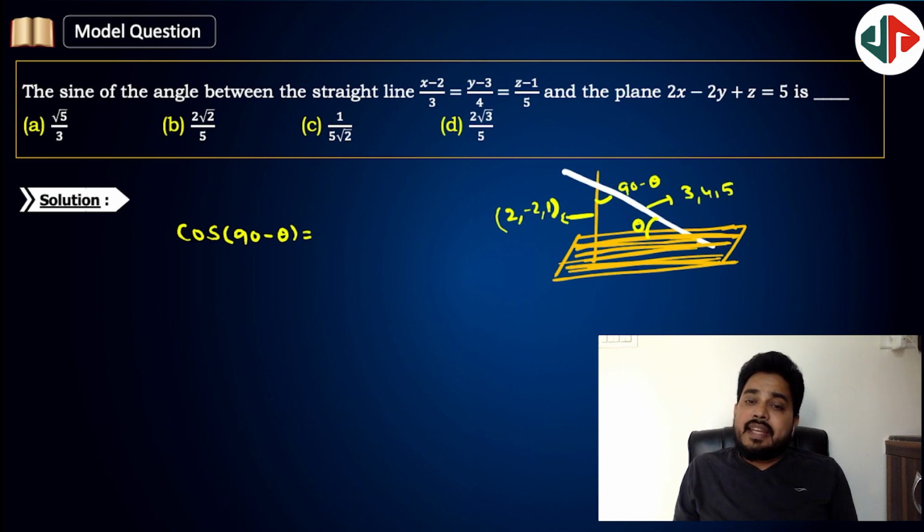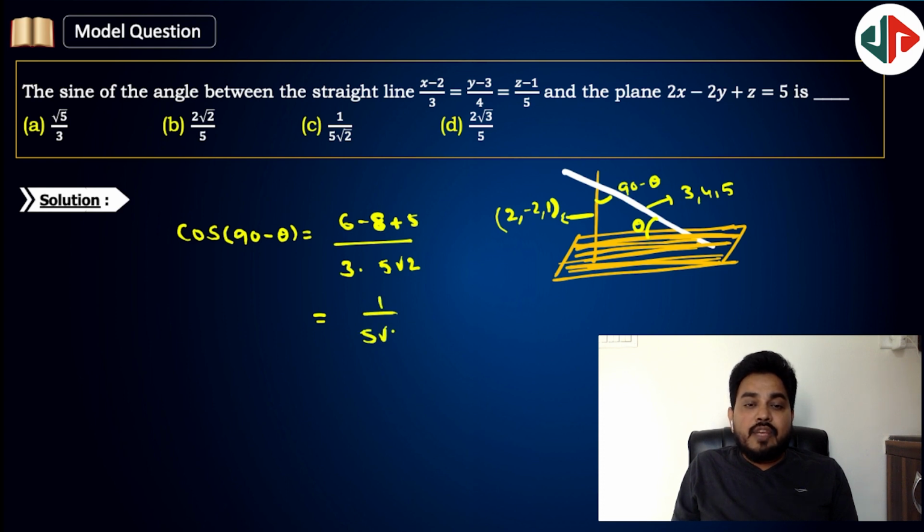So you will get a1 a2 plus b1 b2 plus c1 c2 by root over a1 square plus b1 square. This is 3 and this is 5 root 2, so it is equal to 1 by 5 root 2.